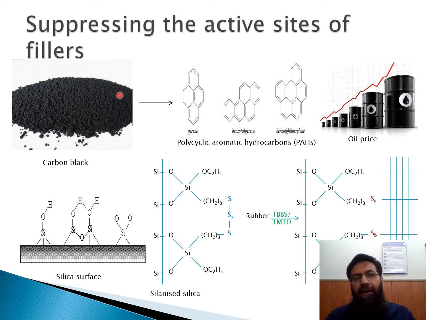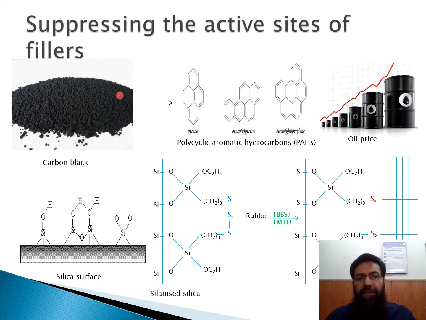So that's why the use of the carbon black should be a bit restricted, and the manufacturing should be a bit more controlled, so that we don't have the polyaromatic hydrocarbons as the active sites on the surface, because they are not good for the health of human beings. They are carcinogenic. So we do have a potential carcinogenic effect from the carbon black.